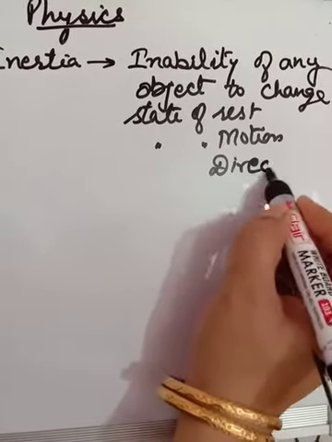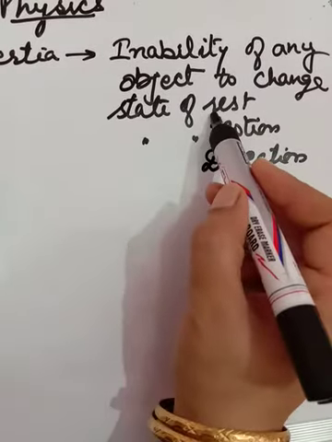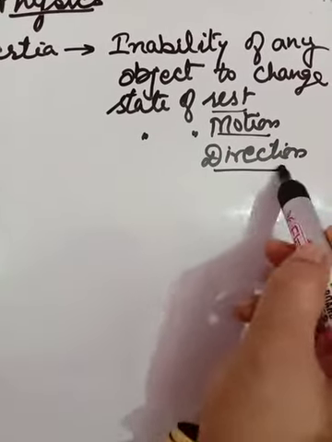Basically, we have three types of inertia: inertia of rest, inertia of motion, and inertia of direction.